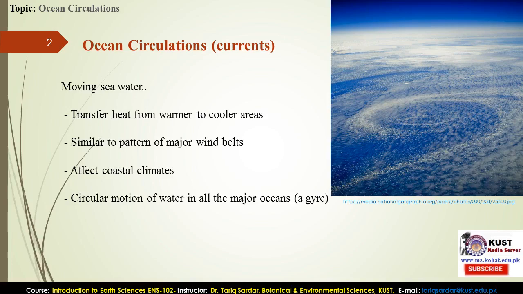It is a natural phenomenon, a process driven by pressure and heat at the surface and shaped by the regional topography and geography of the oceans. We know that the major part of our globe is water, so it helps in equal distribution of heat across the globe.